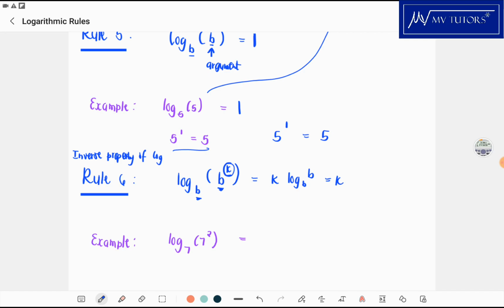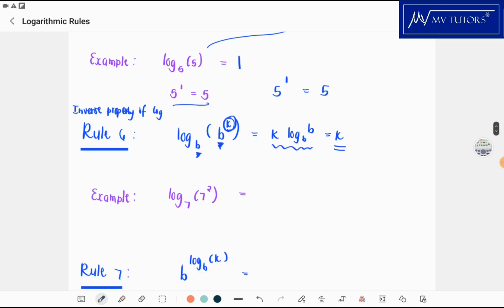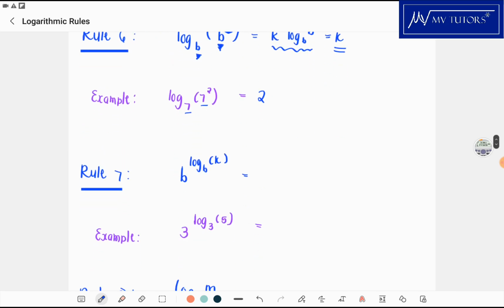The logarithm of an exponential number where its base is the same as the base of the log is basically going to be equal to the exponent. So without even going through this step, if the base here is the same as the base of the exponent, then whatever that exponent is, that is the answer. Even here, log 7 squared base 7, the base is the same, so my answer will be simply 2.